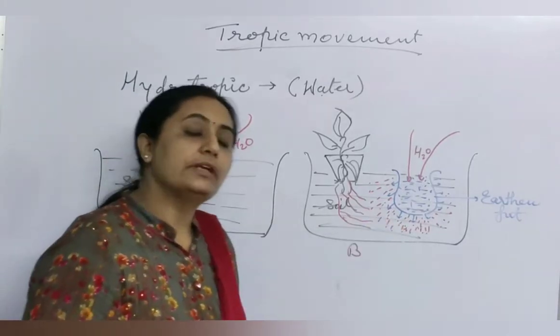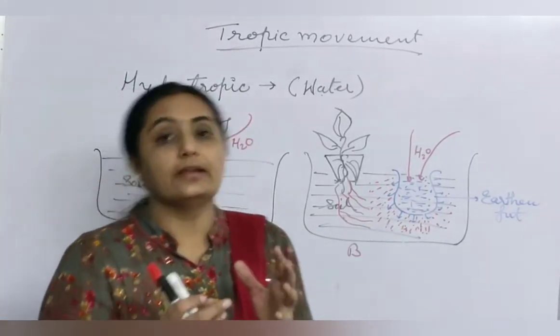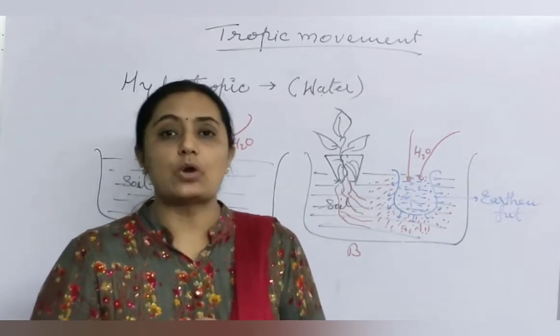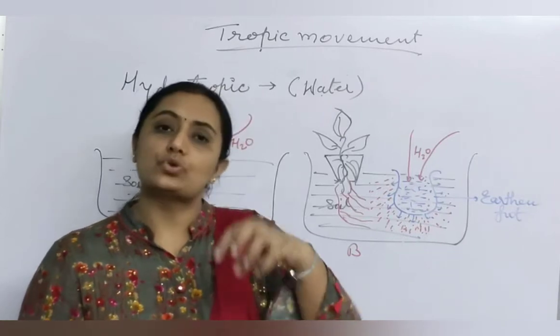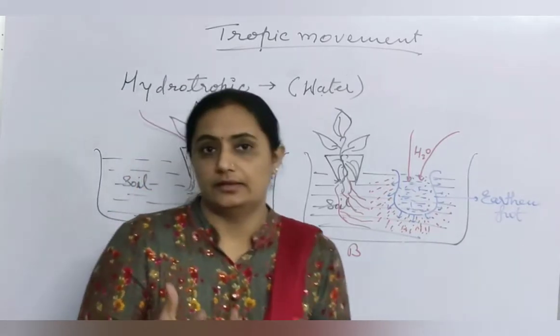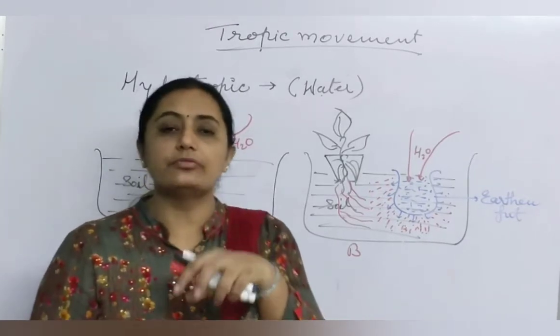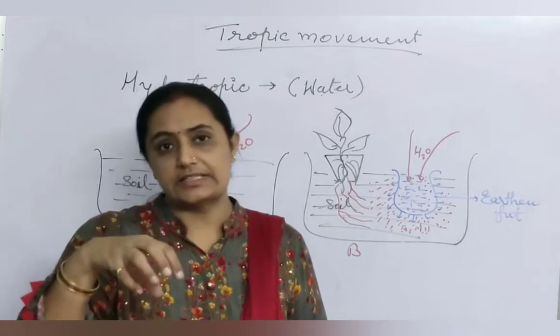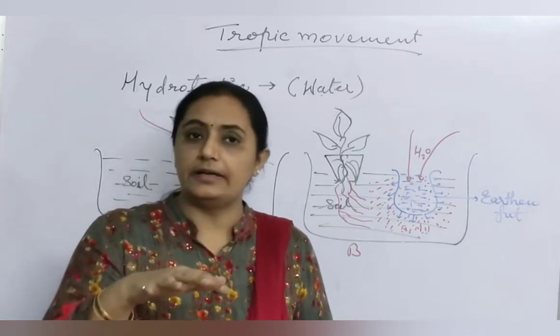The same thing we can do at home also. Next experiment you can do by taking some sprouts. Take some beans, soak them in water, keep them on a sieve plate, take a beaker in which you keep half filled with water, and keep that sieve plate with soaked seeds on it and cover it.